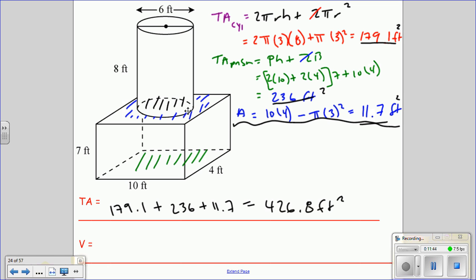So the first thing I'm going to do is find the volume of the cylinder. The formula again for volume of a cylinder is B times H. So that's the area of the base. So pi times 3 squared times the height of the cylinder, which is 8. So put that in our calculator.